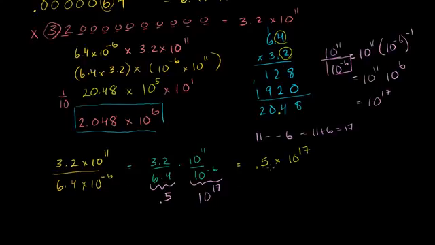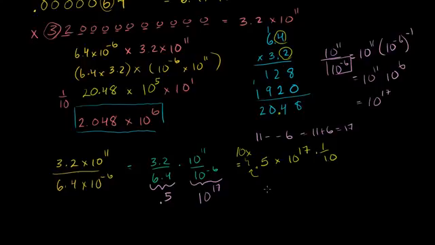But if you wanted to be a stickler and put it into scientific notation, we want something greater than 1 right here. So the way we can do that, let's multiply by 10 on this side and divide by 10 on this side, or multiply by 1 over 10. Remember, we're not changing the number if you multiply by 10 and divide by 10. We're just doing it to different parts of the product.